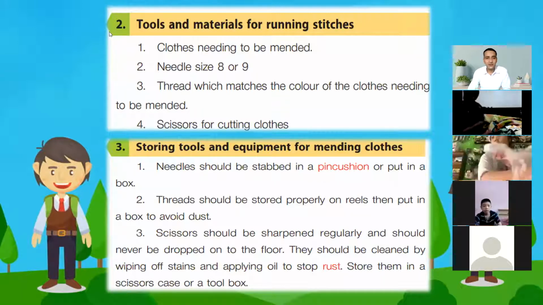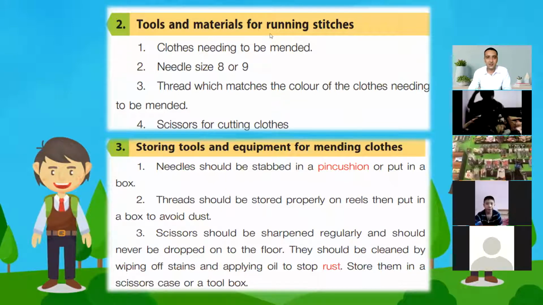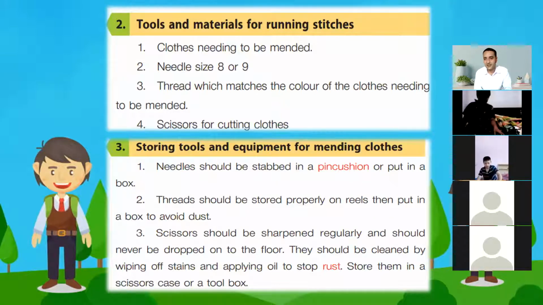Here, what kind of materials are required? Tools and materials for running stitches. These are the materials and tools we require to perform the running stitches. Number one, clothes needing to be mended. Second, we require a needle of size 8 or 9.